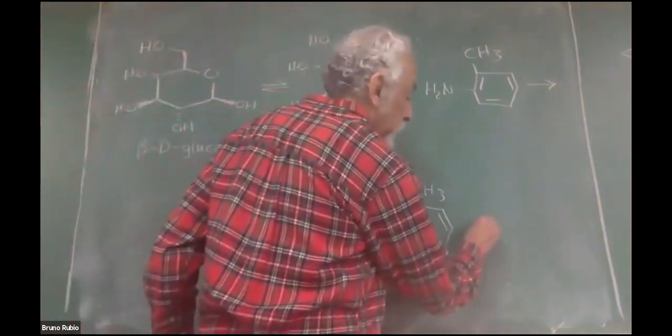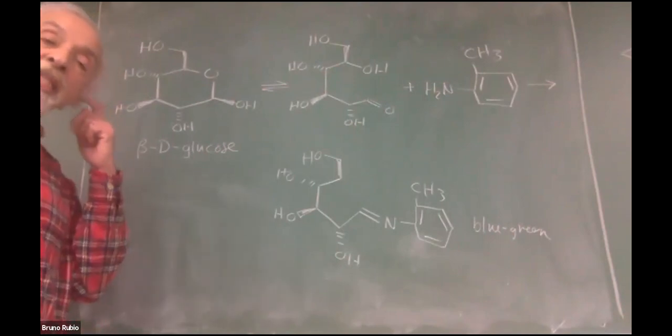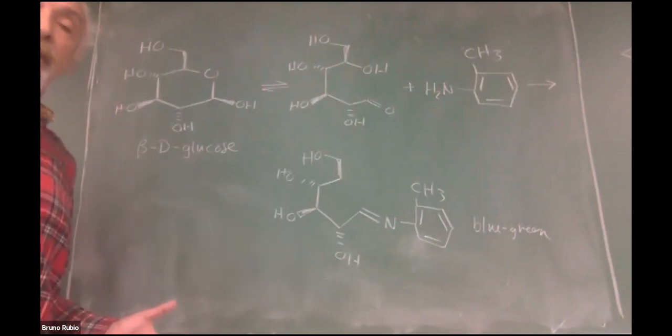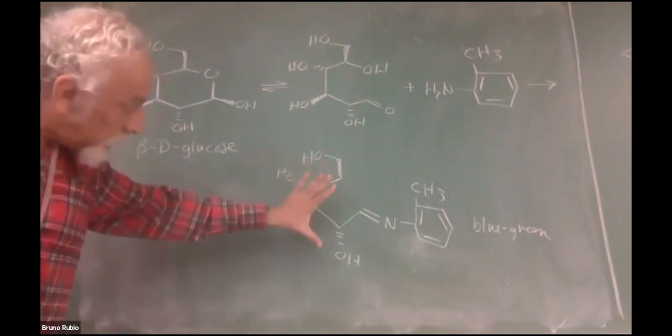And so we have this adduct here, and this thing is blue-green. How dark the blue-green color is tells us how much glucose there is. So this is a practical application of the imine.